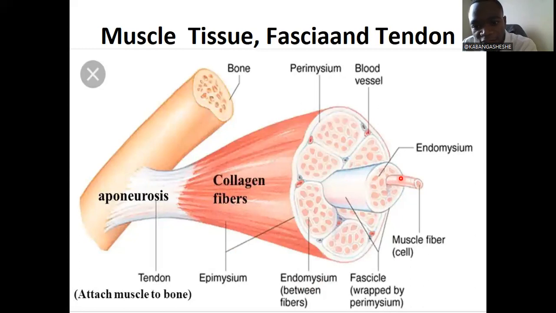Then each individual muscle fiber, like this, has a cell membrane, but on top of that is covered in endomysium, which is shown to be yellowish here. That's endomysium around each individual muscle cell. So in short, each muscle group is going to have 3 layers of connective tissue coverings.